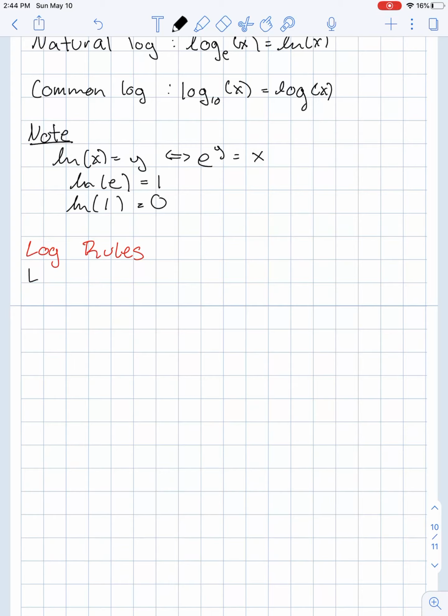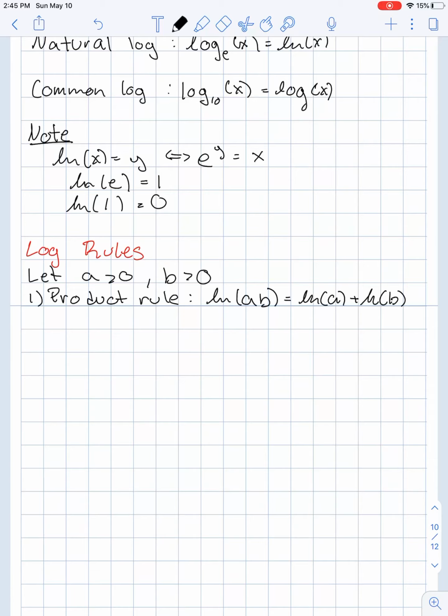These seem a little less intuitive than exponential ones, but I think they're really cool. So we're going to let a be greater than 0 and b be greater than 0, and they're just going to be numbers. Right? So the first log rule is the product rule. If I have ln of a times b, I can rewrite that as ln of a plus ln of b.